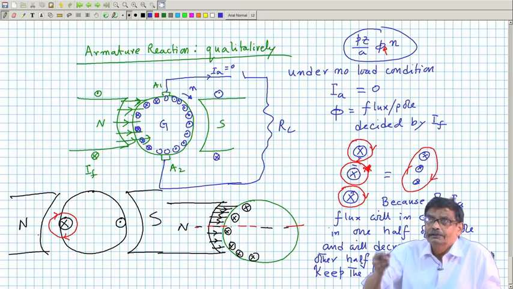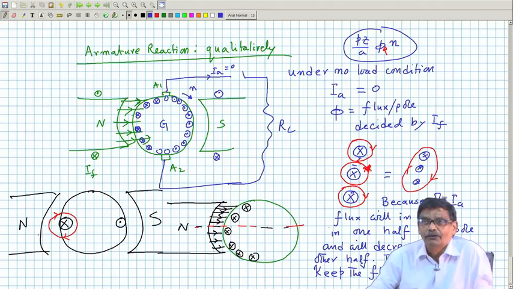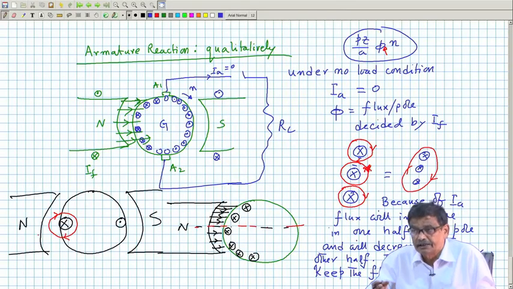Then after that, armature resistance drop, brush drops, these are there always. That is why people say when you load a generator, the voltage drop takes place because of armature resistance drop, because of brush drop and because of armature reaction effect.